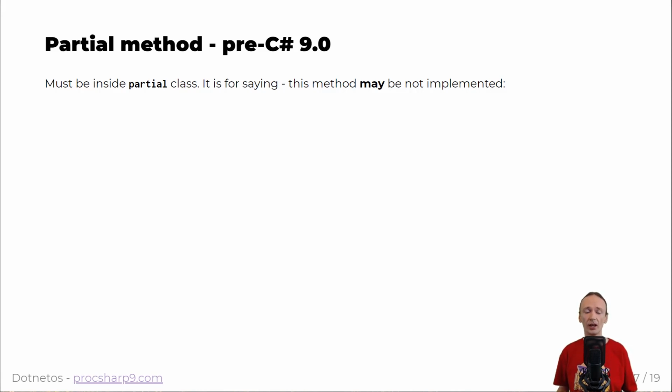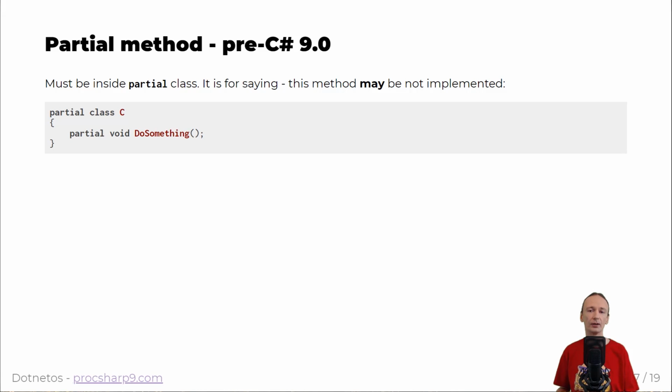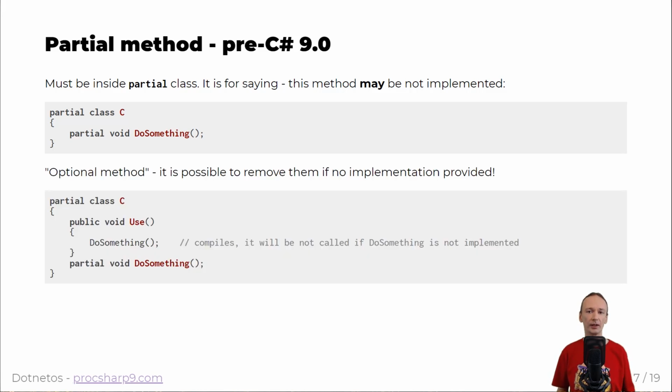And partial method is just for saying something like this method may be not implemented. So we are saying, okay, this method is here, but it may be not implemented, and introduce some kind of optionality whenever we are using this method or not. So when you have a partial class C, for example, and there you have a partial DoSomething method, it is for saying that this is kind of optional method, so it may be not implemented.